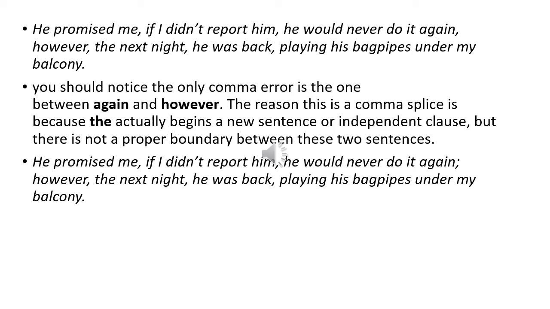Why do we call it a comma splice? Because there is a new sentence starting, which is actually an independent clause. So we have one independent clause and then a second independent clause.